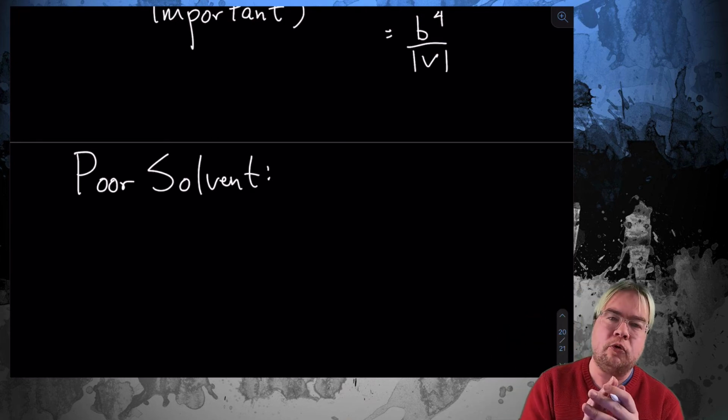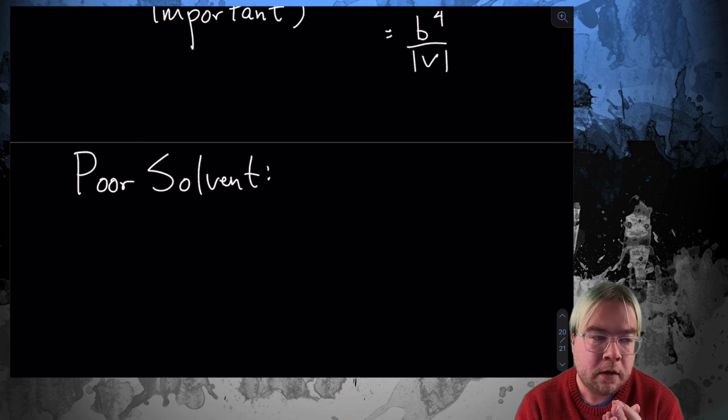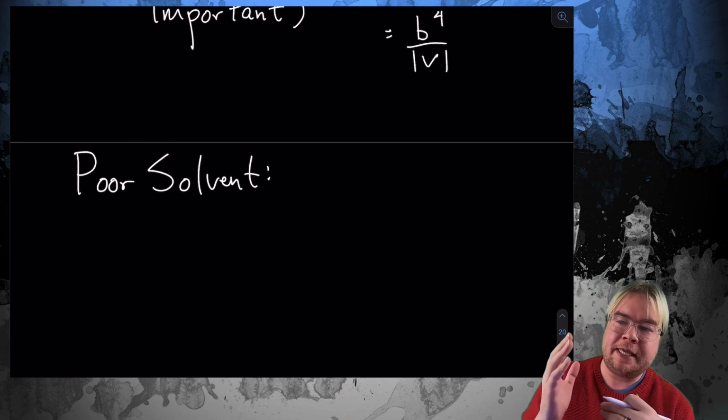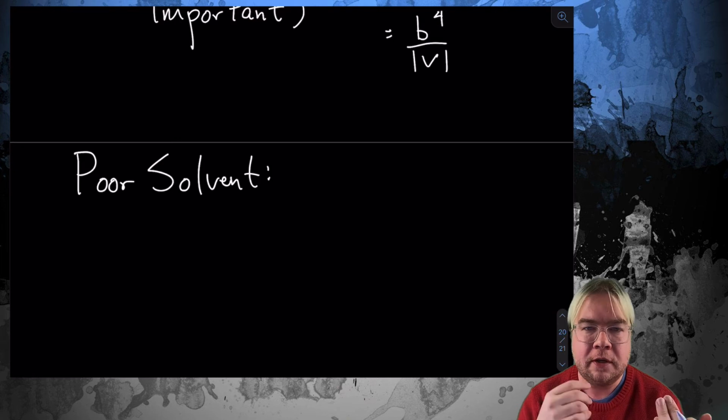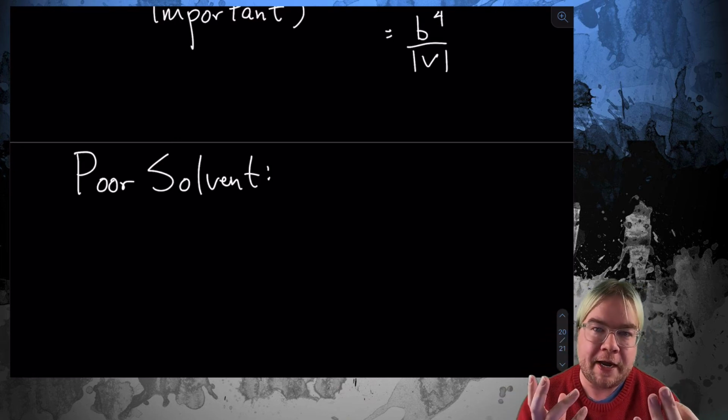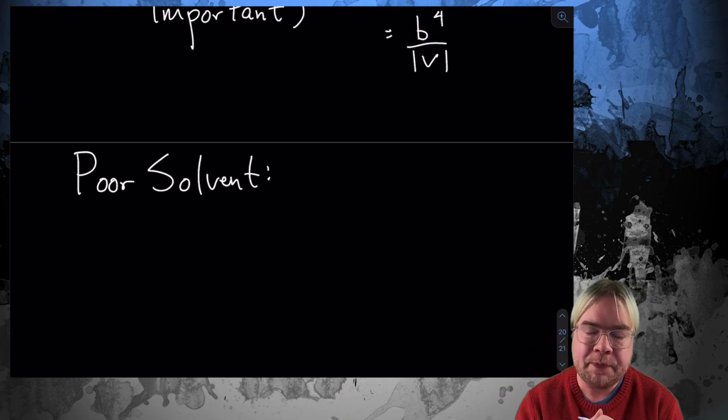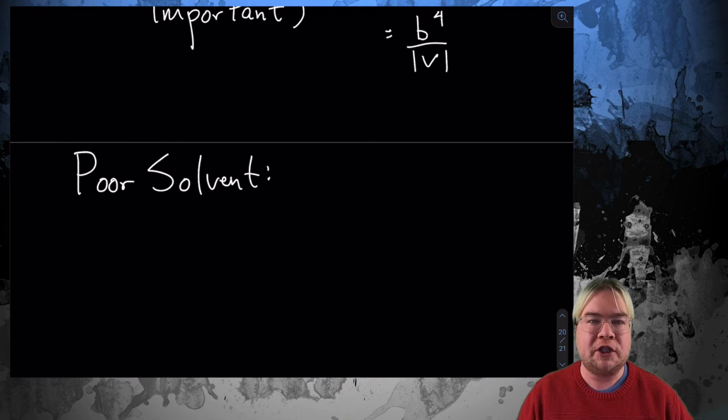So what do you expect in a poor solvent? Let's think about it. It means that the interactions between the monomers and the solvent, that interaction is unfavorable. The result of that, following our discussion in the last video, is that there's a very strong attraction between monomers in a poor solvent, right? So there's some interaction between monomers.